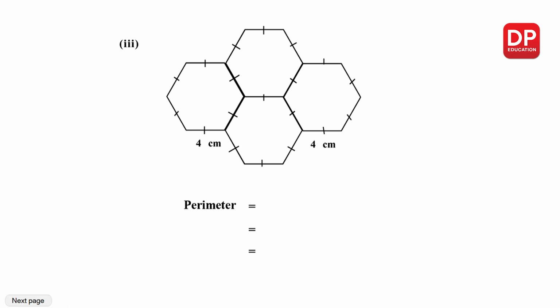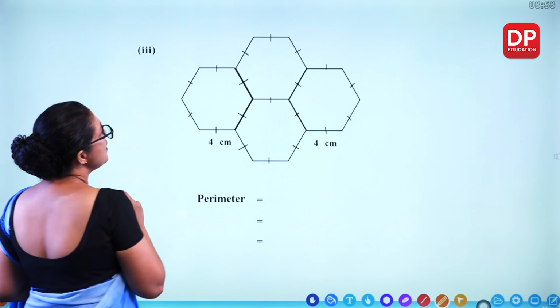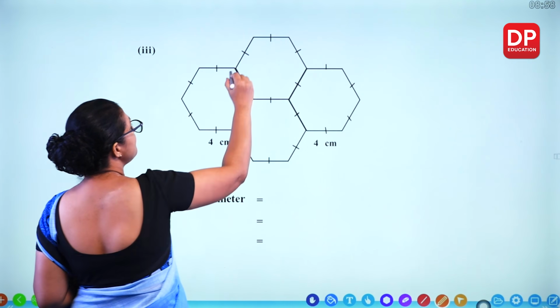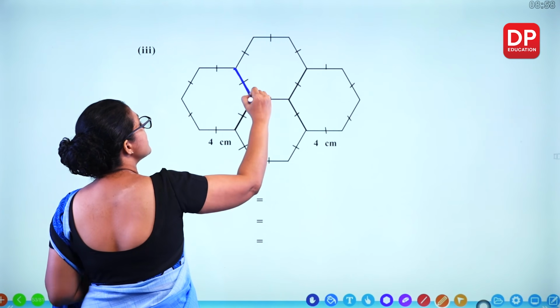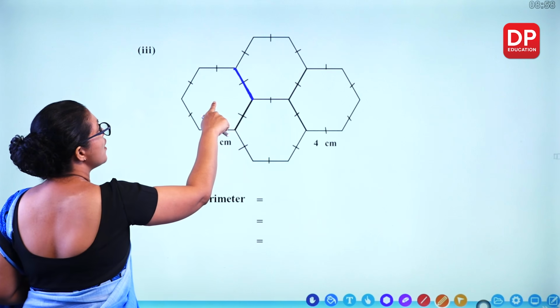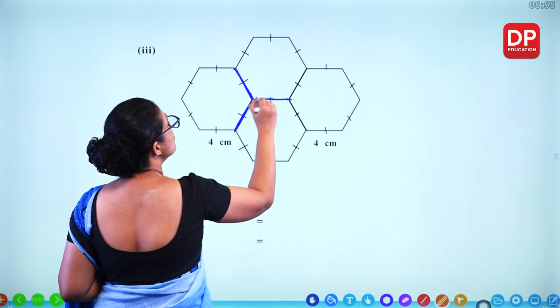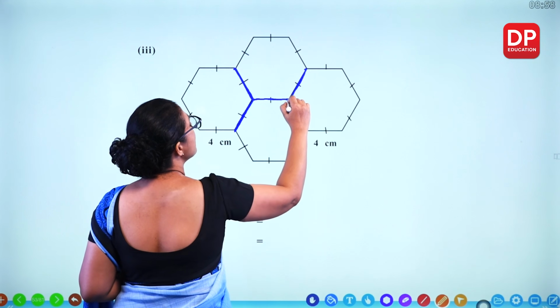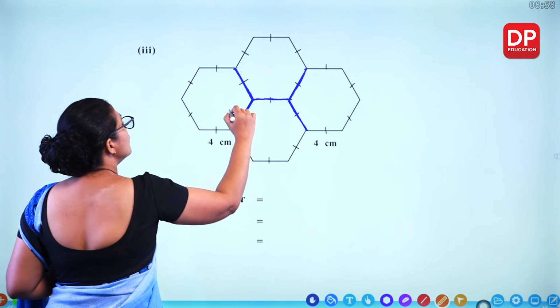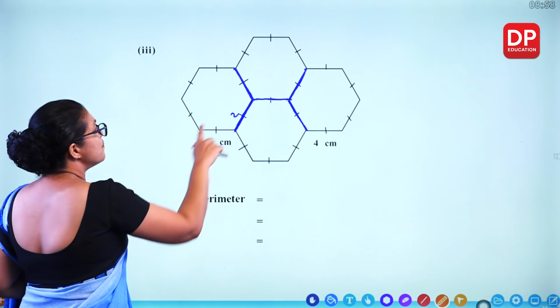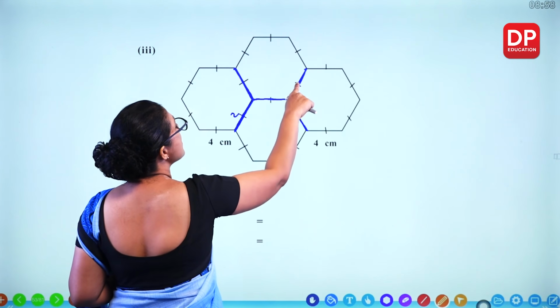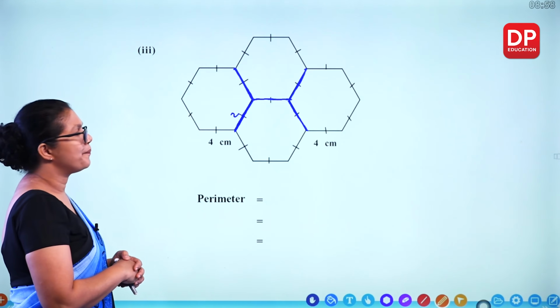Now in this one, how many sides combined? Here 2 sides, one from this one and one from this. Another 2, another 2, another 2 and another 2. So how many sides overlap? 2, 4, 6, 8, 10 sides overlap.